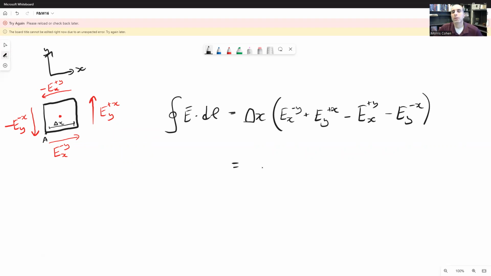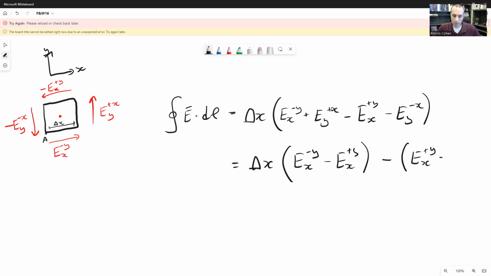This equals delta x times Ex minus y minus Ex positive y minus Ey minus x.